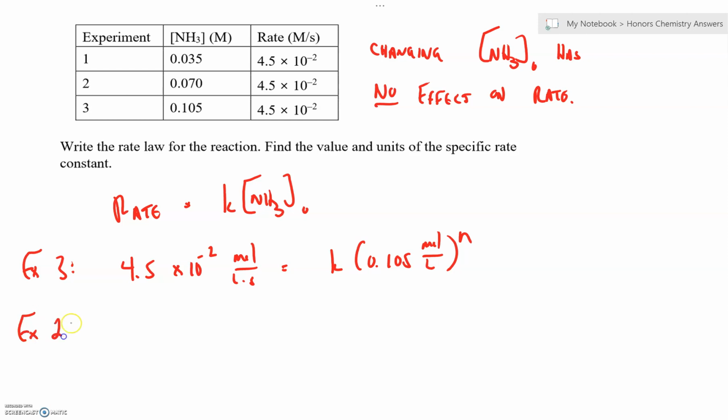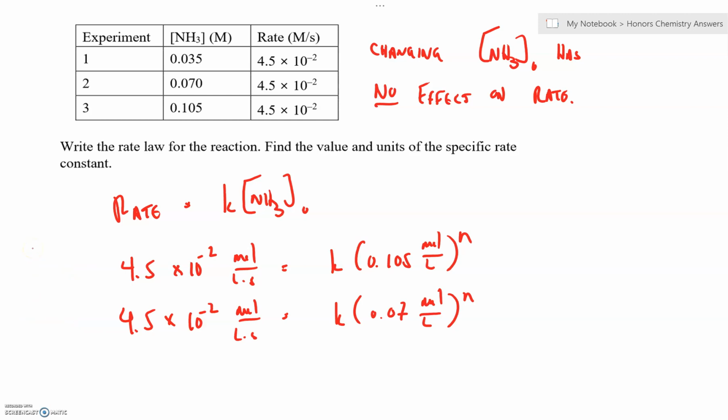Let's compare this to experiment 2. In experiment 2, we have 4.5 times 10 to the minus 2 moles per liter per second is equal to some rate constant K that we don't know. And in experiment 2, the initial concentration is 0.07 moles per liter raised to some n that we don't know.